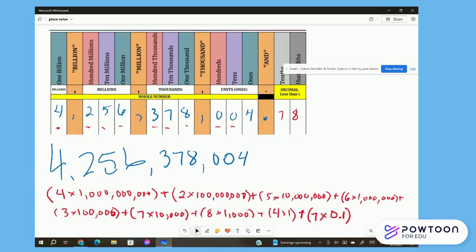And I encourage the 0 just to be able to easily notice our decimal point and everything as well. But it could show up without the 0, but more likely than not, it will have it. Then plus 8 times 1/100. And that is how you set up a problem for expanded notation.